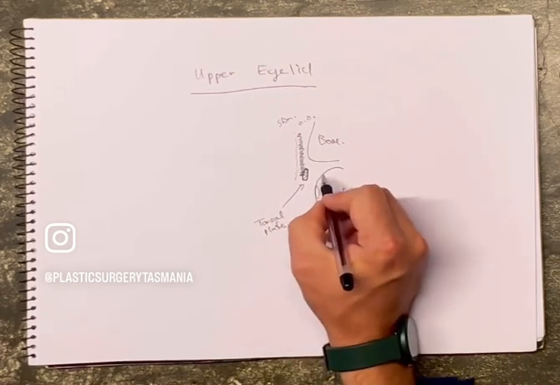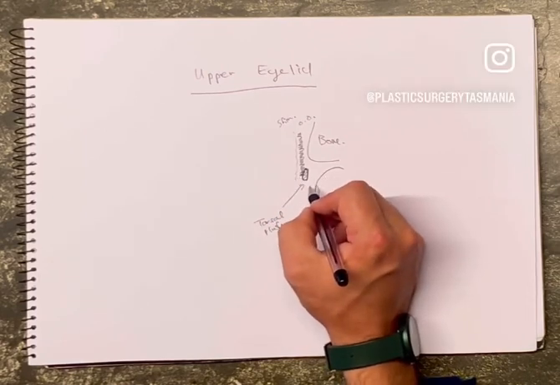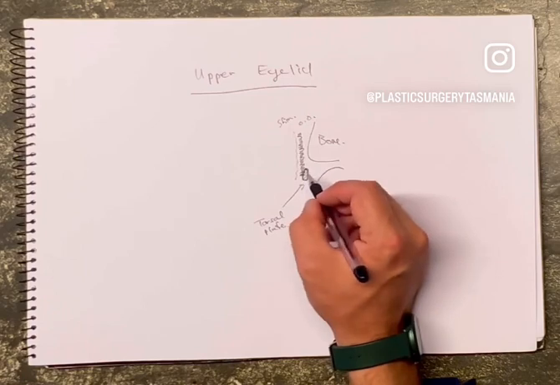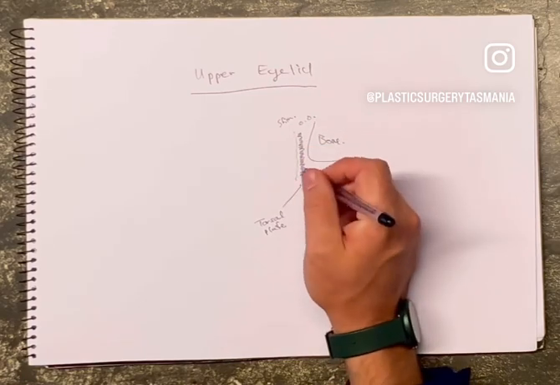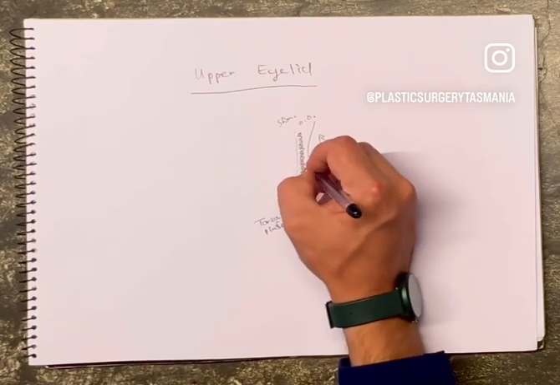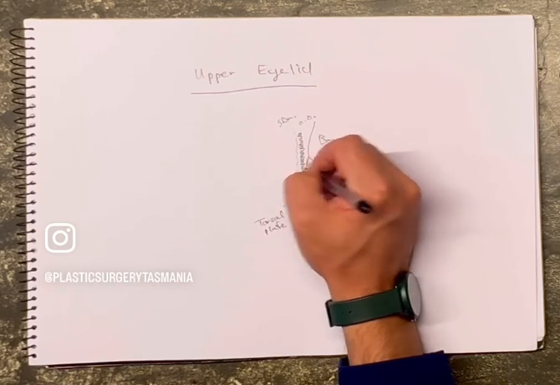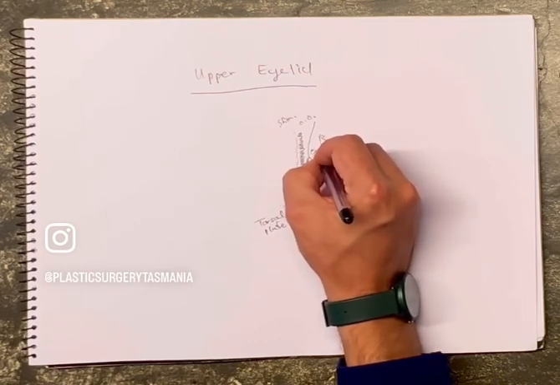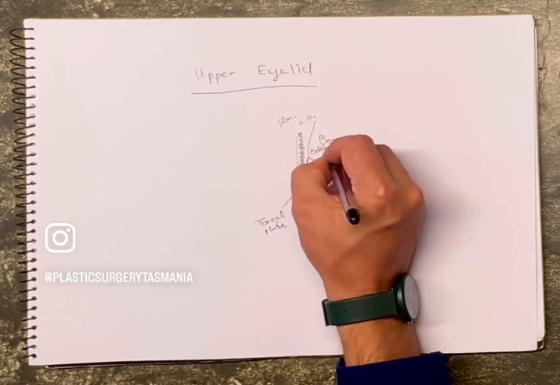It's supported on both sides by ligaments, and that's the thing that you flip over when you have your eyelid inverted. All right, now coming down from here is something we call the orbital septum.